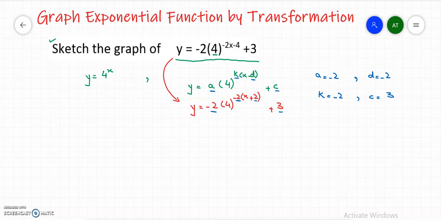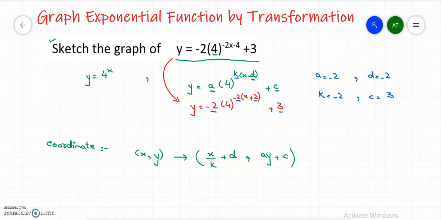Okay, to graph the exponential function by using transformation, we need the coordinates. And the coordinate formula is: (x, y) are the coordinates of the base function, 4 exponent x, which is going to change to (x over k plus d, a y plus c).